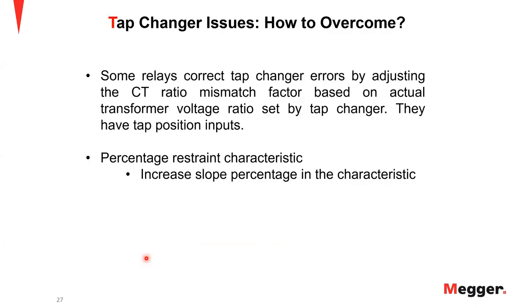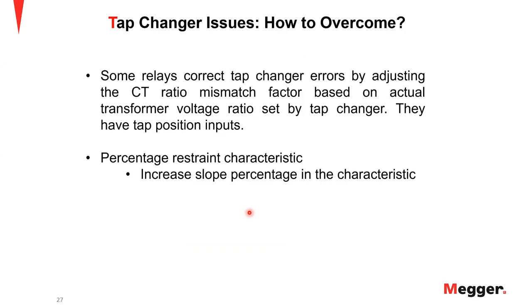So what we can do to eliminate this challenge is that relay engineers use something called a percentage restraint characteristic. So additional slope can be provided in this characteristic, and this additional margin helps us allow for the maximum tap difference from the nominal in your slope setting.